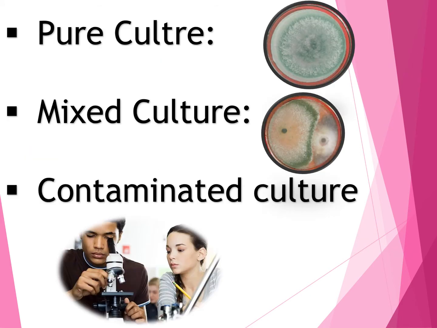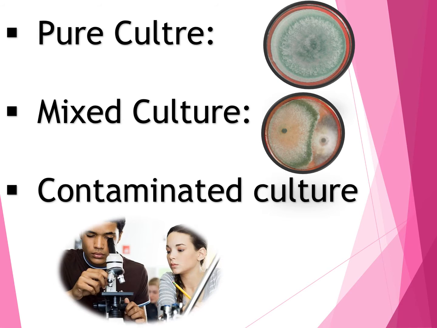First, I would like to share some terms which are going to be used in this lecture. First is pure culture. A culture is one in which only a single known species of microorganism is grown.